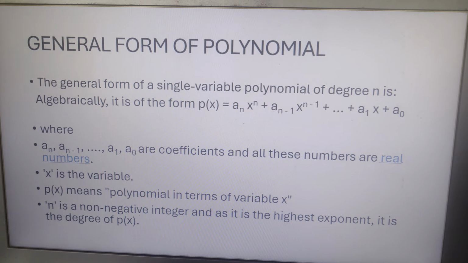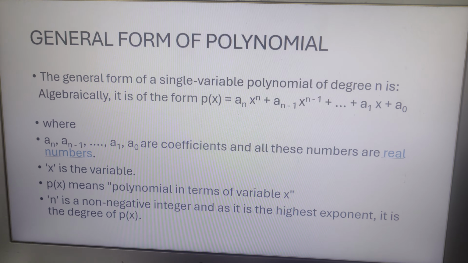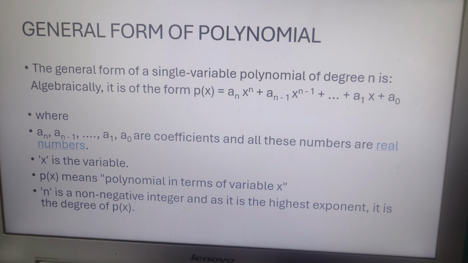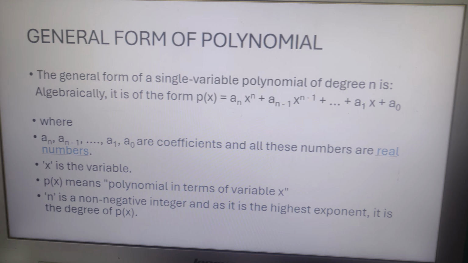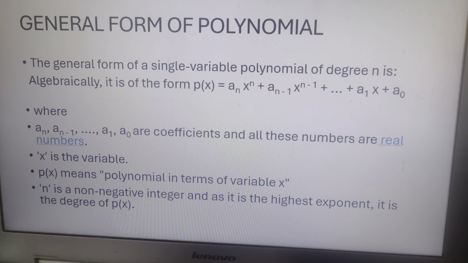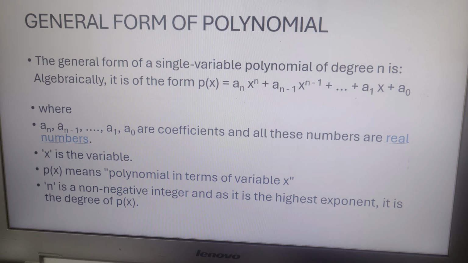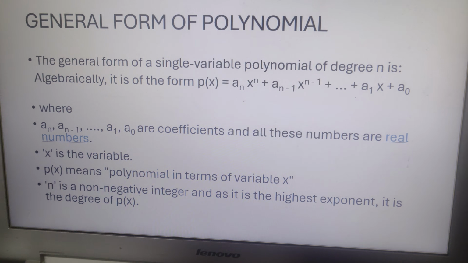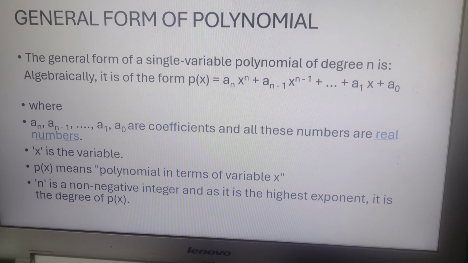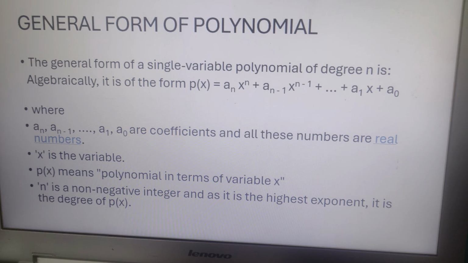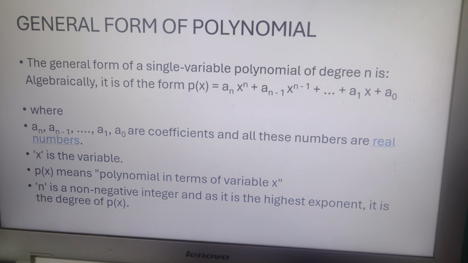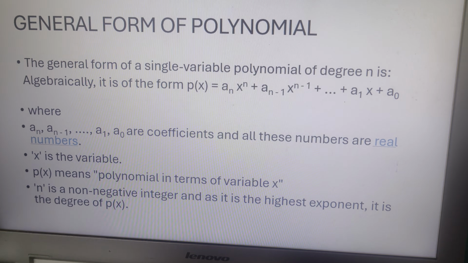Let's see the general form of a polynomial. A polynomial with a single variable of degree n is always represented by the form p of x equals a_n x^n plus a_(n-1) x^(n-1), and it progresses that way until it stops at the constant. This is the general form, and based on the pattern it can vary very much.